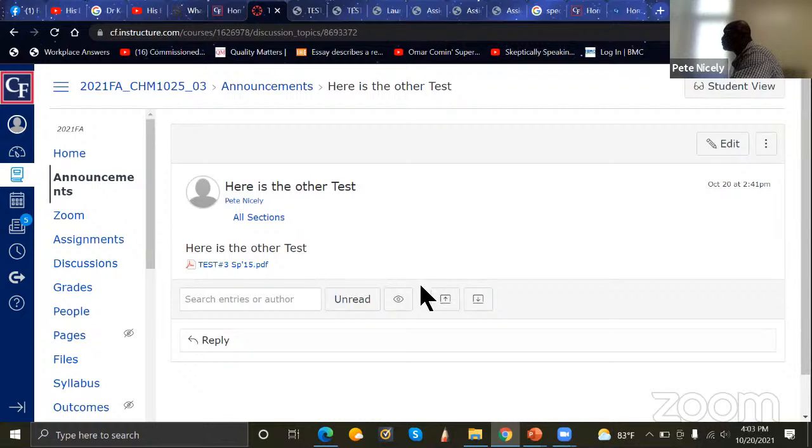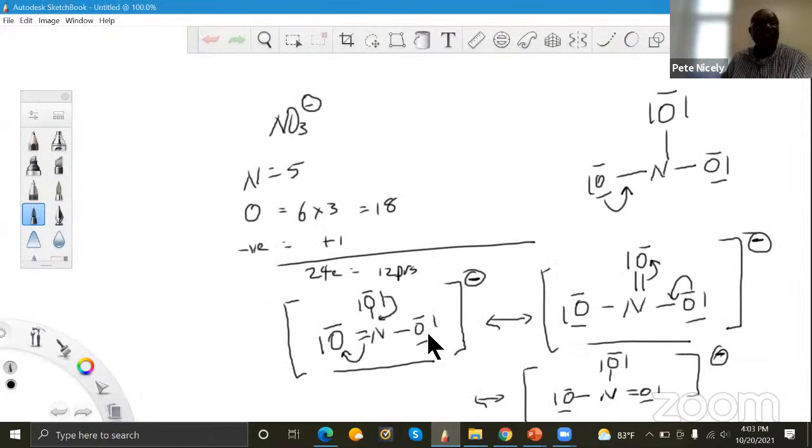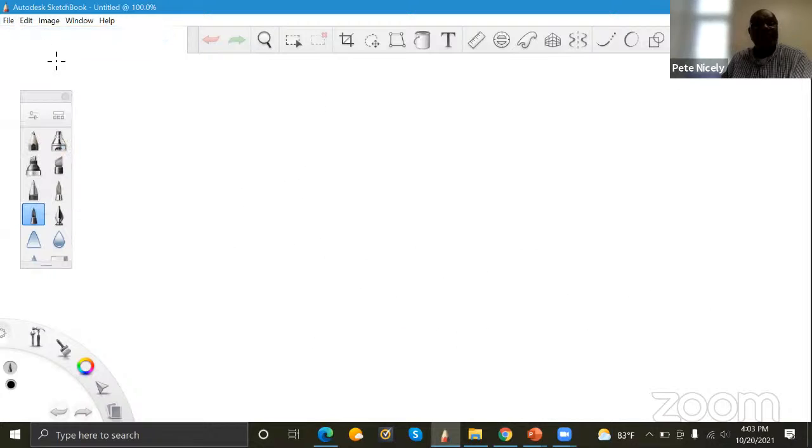The file name, I think, is test 2 spring 2015. That's the test we're going to start off with, all right? So what I'm going to do is bring up my writing pad application here, and let me get rid of this. For test number 2, spring 15, there are some equations that you're asked to write down based on the information given.